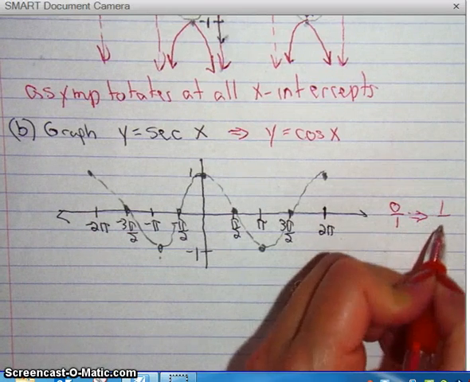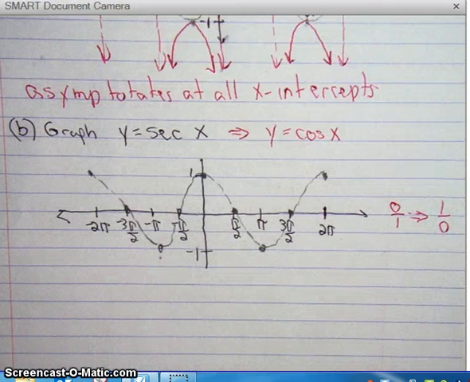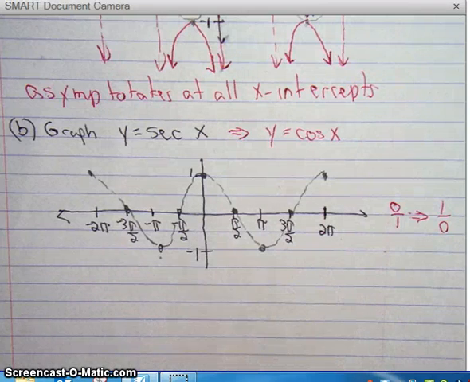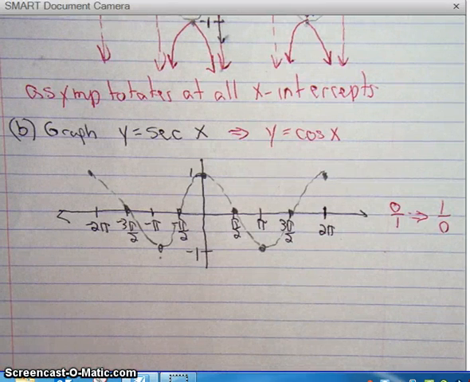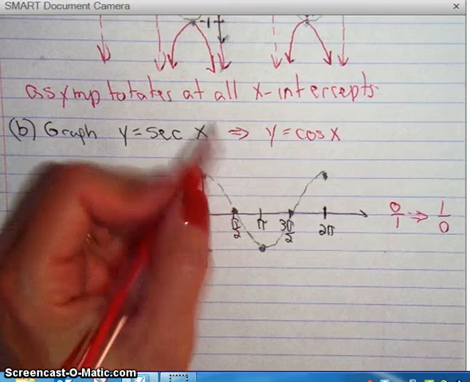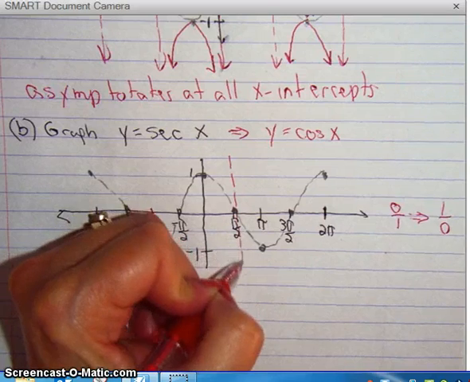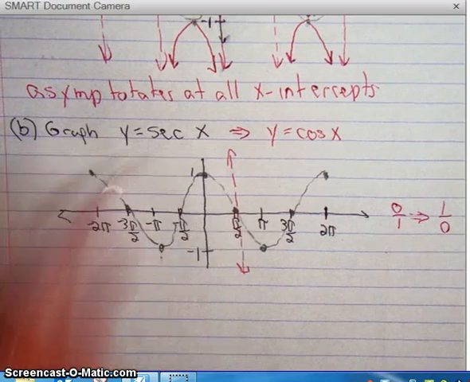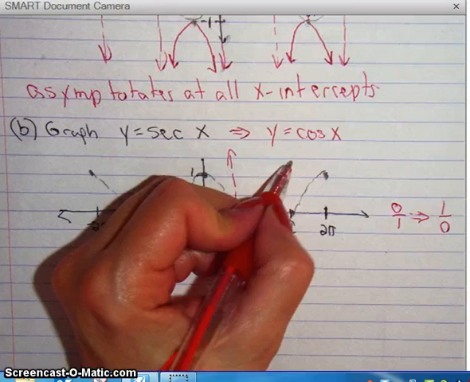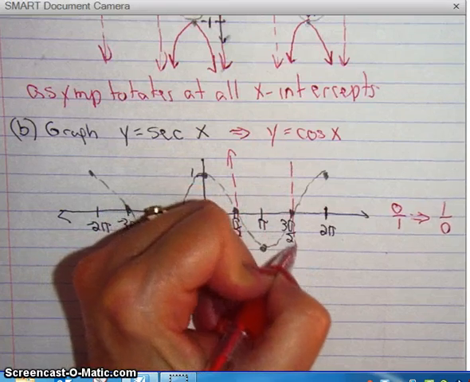Undefined. And that is called? Starts with a U? Yes. So guess what? At all these x-intercepts, what do we have, gang? Asymptotes.